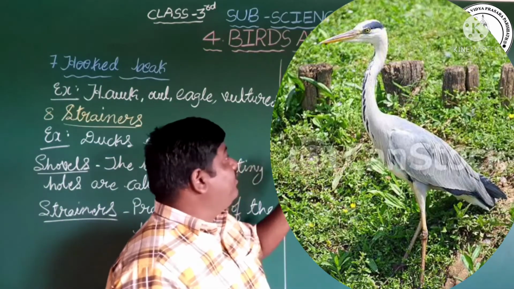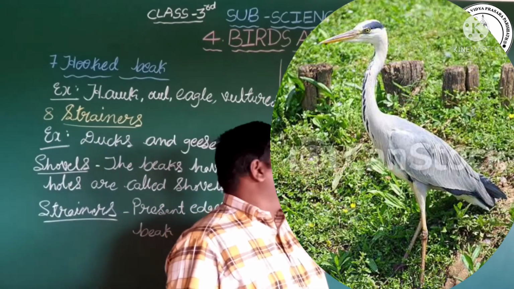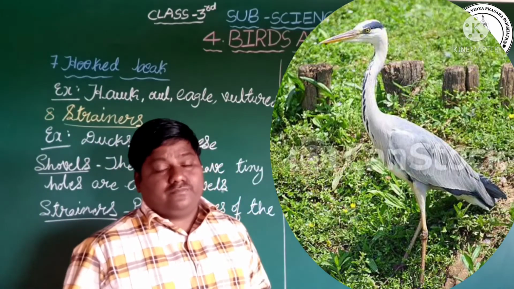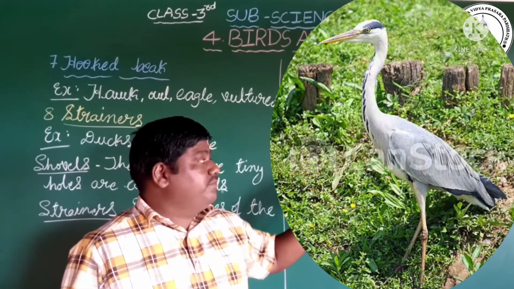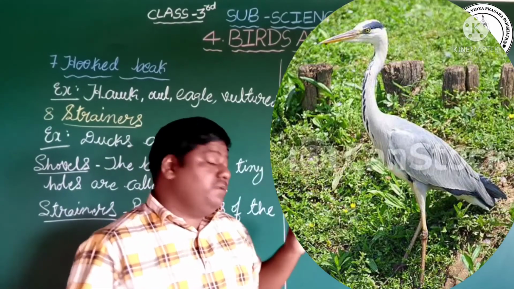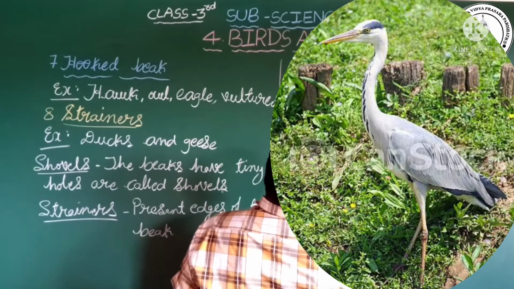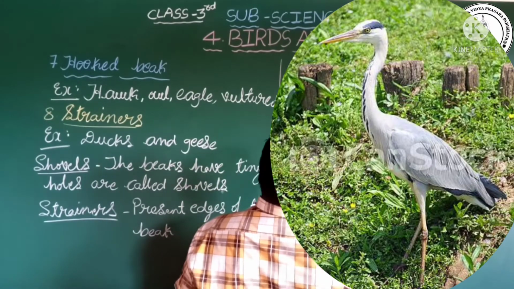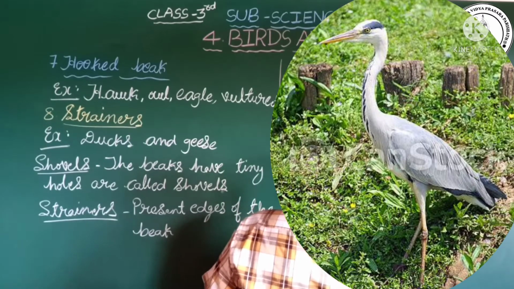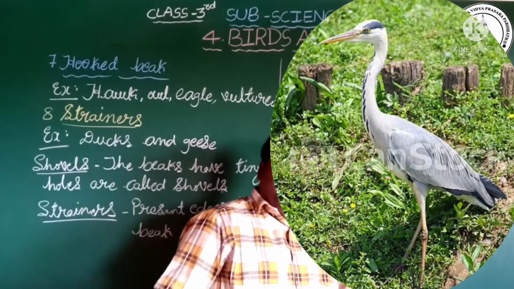Here the examples for spear shaped beaks are heron and crane. Those are the examples for which one? Spear shaped beak. And one more example is kingfisher. Kingfisher is also an example for spear shaped beak.